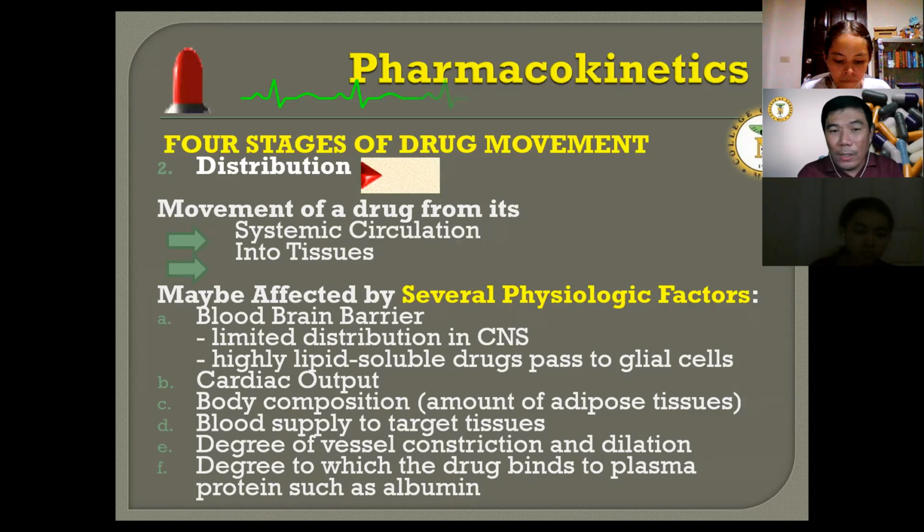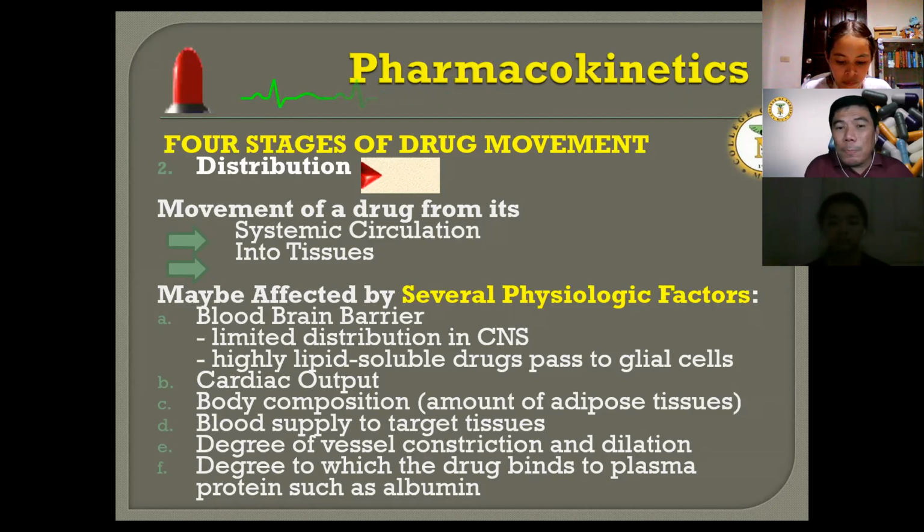On that note, the problem is that, di ba sabi ko sa inyo, if there will be an increase in the fat level or tissues, it also delays the distribution of the drug. So one thing that we need to take into consideration is to manage your weight, because eventually the amount of adipose tissues may definitely affect drug distribution.